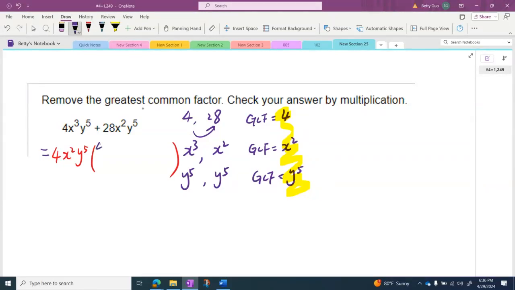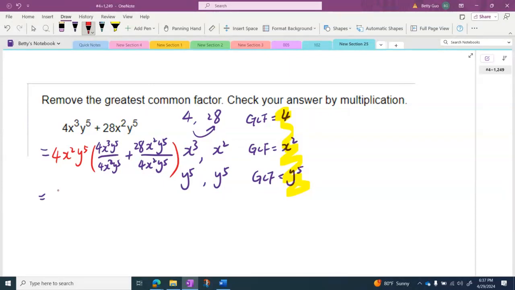We use the original term 1 over the GCF. Everybody can do this, okay? Plus original term 2, just copy whatever it is, 28 x squared y fifth over the GCF, 4x squared y fifth. GCF I wrote in red in front of the parentheses.